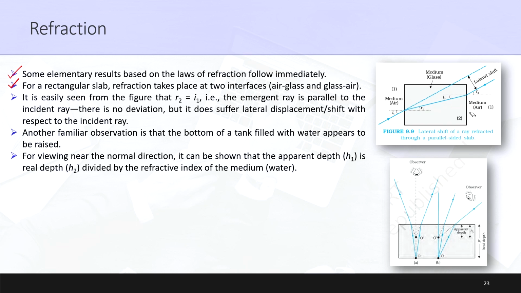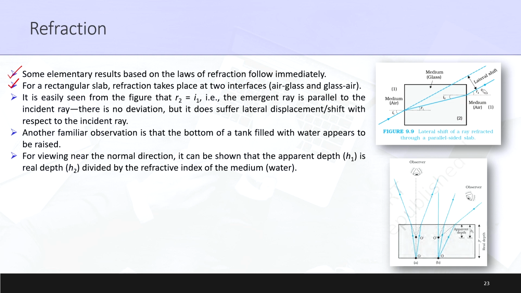It is easily seen from the figure that r2 is equal to i1. What is r2? r2 is this, i1 is this, quite evidently, because the ray of light is the same. Therefore, in the same medium it will go at the same inclination after passing through the slab. That is, the emergent ray is parallel to the incident ray, so there is no deviation, but it does suffer lateral displacement.